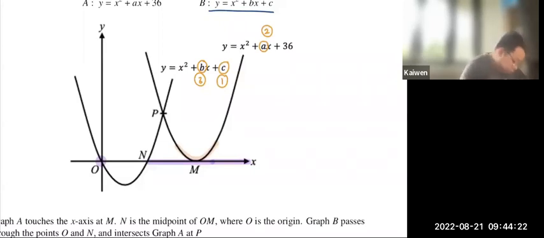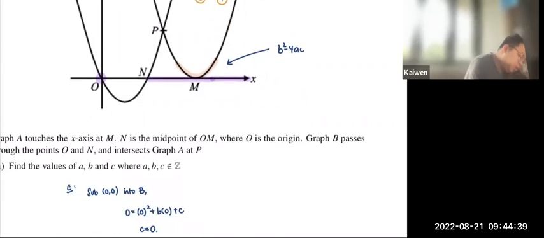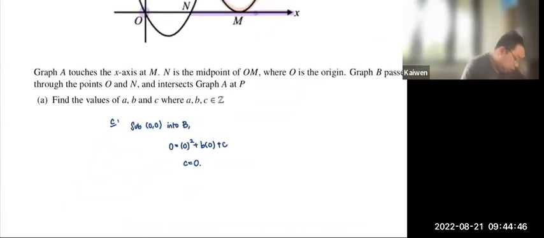And the chapter is actually discriminant, b squared minus 4ac. The discriminant chapter will help you break down this curve such that you will get b squared minus 4ac equals to 0, with an unknown of a single A, because this axis is tangential to the curve.